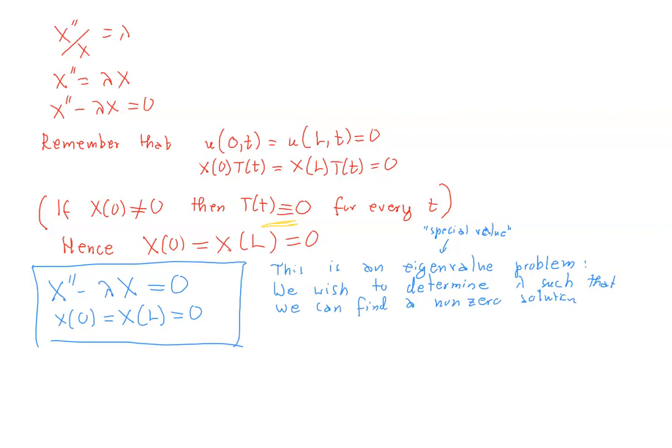For each lambda, you have a different differential equation. So we want to determine the differential equations for which we can find a non-zero function that satisfies the differential equation and also satisfies these two conditions. And I want you to understand that these two conditions are not the same as the conditions that you find in initial value problems. Okay?